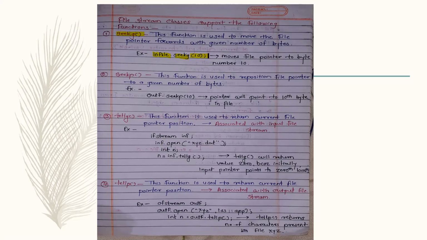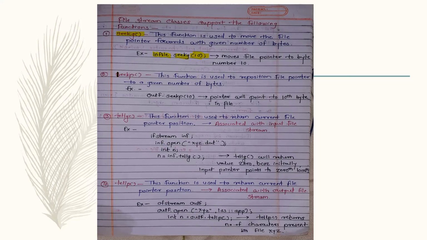Means if you want to move the pointer to the 10th position, then use 10 here. If you want to move your cursor or pointer to the 100th position, then specify 100 here. Means the seekg function is only to move a pointer forward to a given position.